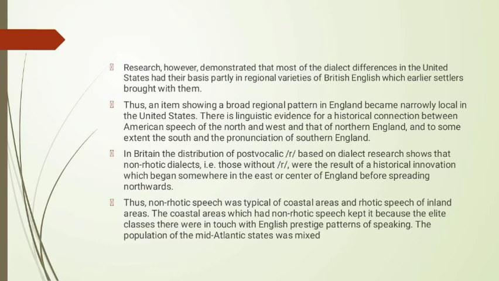Research demonstrated that most of the dialect differences in the United States had their basis partly in regional varieties of British English, which earlier settlers brought with them. Thus, an item showing a broad regional pattern in England became narrowly local in the United States.